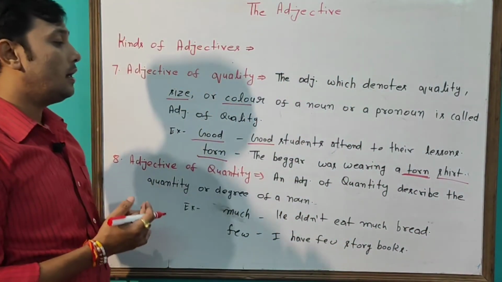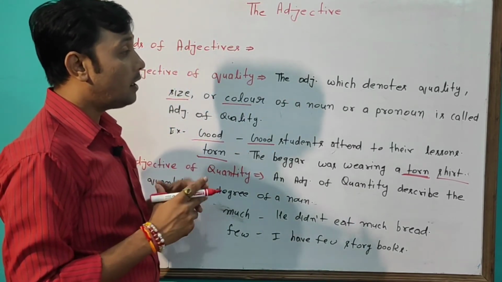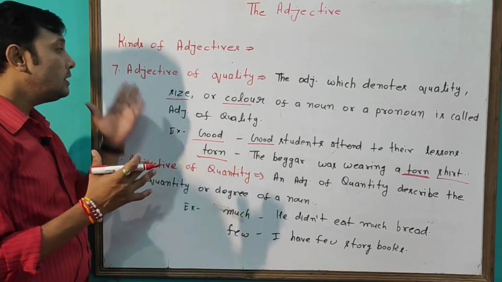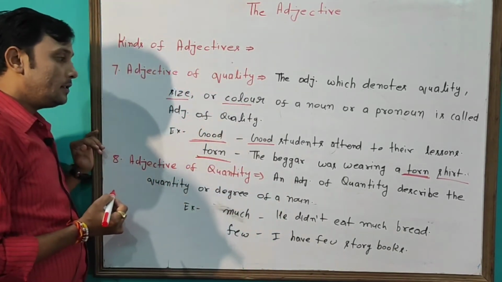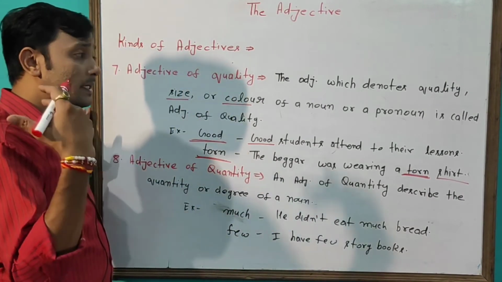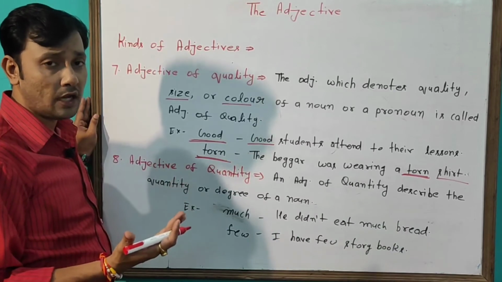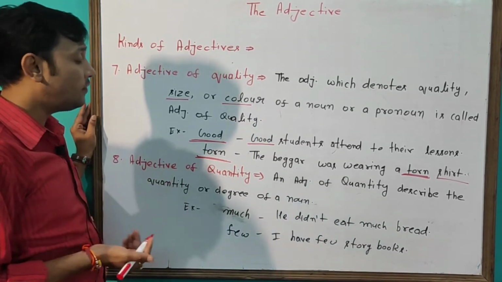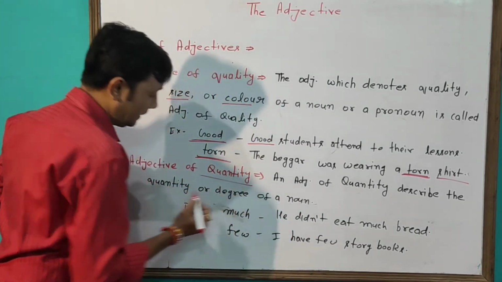So in this sentence, the shirt's quality is described. This kind of word is known as an adjective of quality. Clear? In short, those adjectives describe the quality of a noun. Next is adjective of quantity.